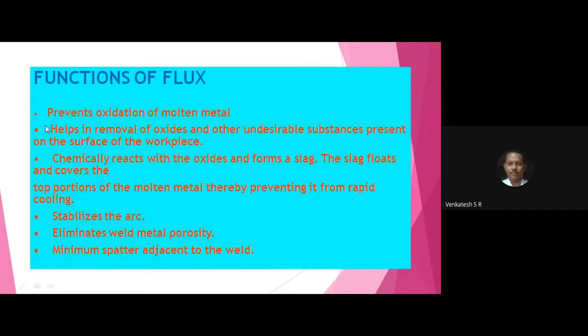Next, write down number 1, prevents oxidation of molten metal. Molten metal in the joint. Add the words, in the joint.